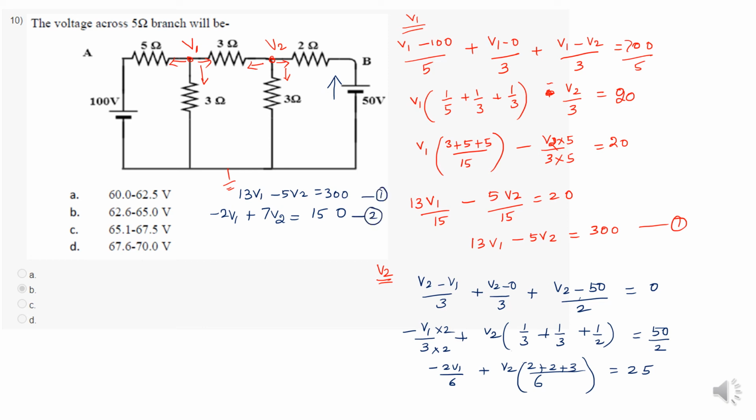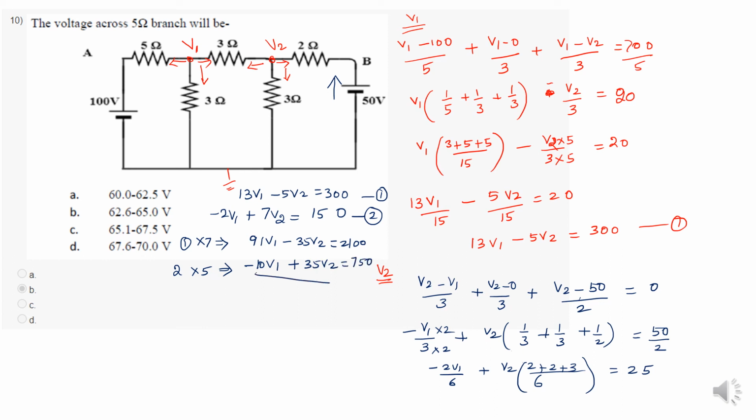This is equation number 1. So 1 is multiplied with 7 and 2 is multiplied with 5. We get 7 3s are 21, that is 91V1 minus 35V2 equal to 2100. And here 2 into 5, so minus 10V1 plus 35V2 equal to 750.